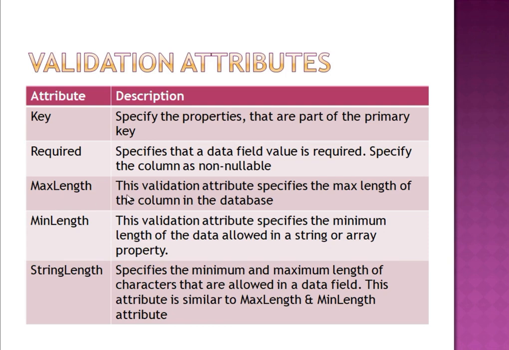With the help of max length you can specify the maximum length. With min length you specify the minimum length of data, and with the help of string length we can specify both the values. So whenever we want to specify both minimum and maximum, we go with string length instead of specifying these two attributes.